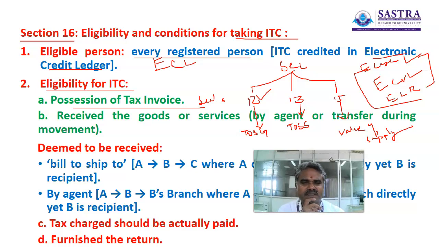Receipt of the goods or services, by an agent or on transfer. When you receive the goods, you have to have placed an order for purchase, and then only you receive the goods.